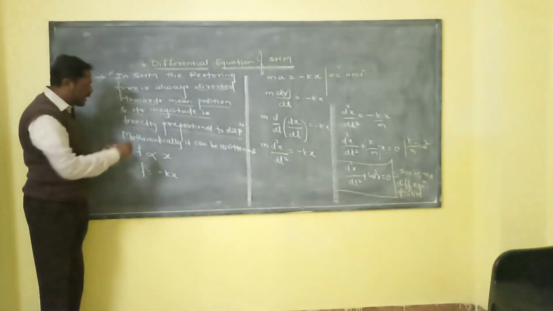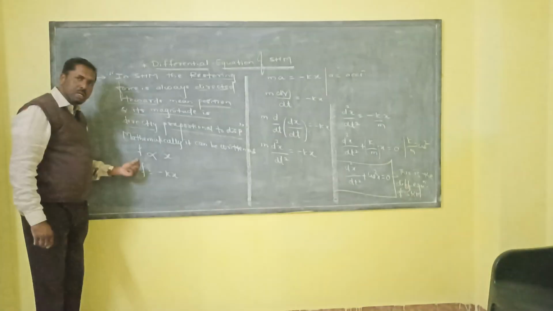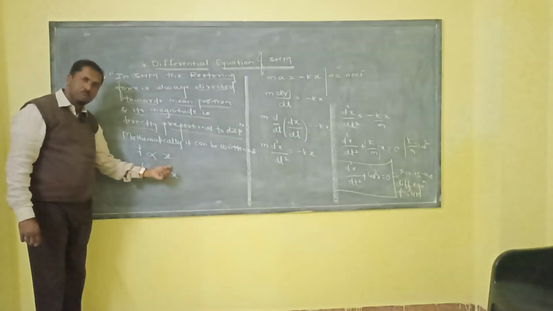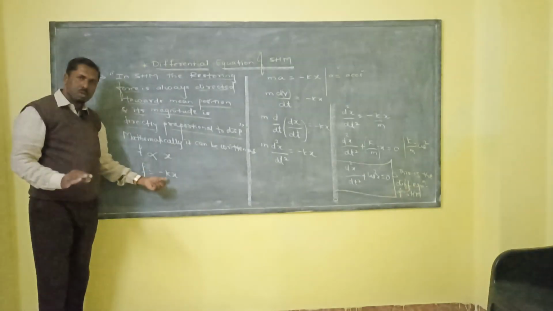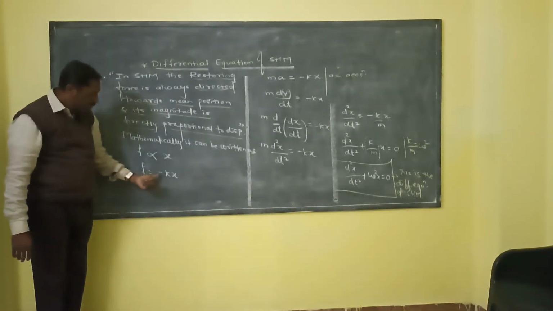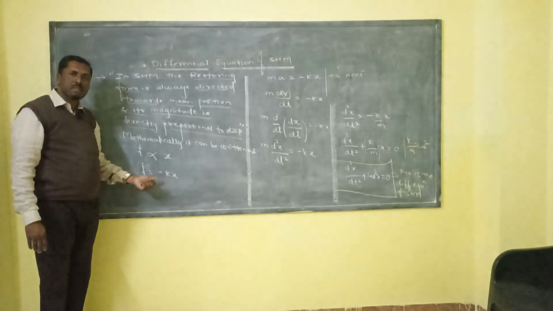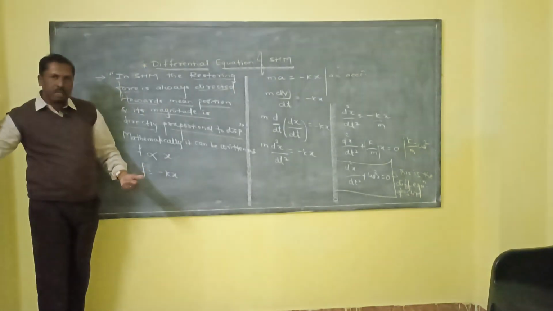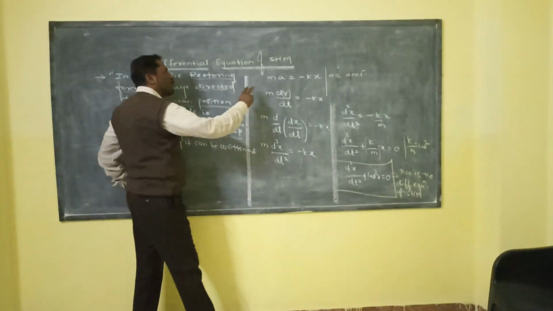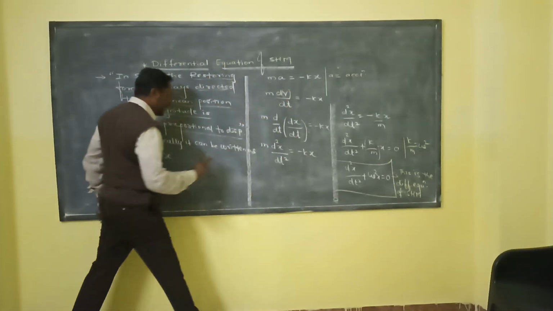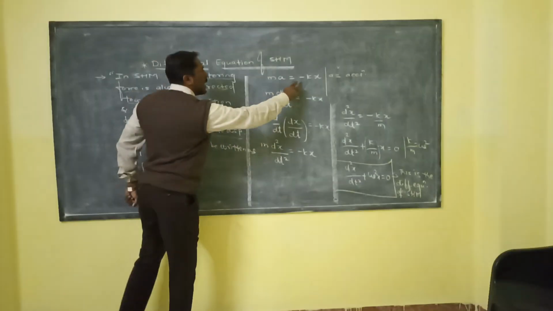Mathematically, the restoring force is directly proportional to displacement, so F is equal to minus kx, where k is the constant of proportionality. The negative sign indicates that the force is always acting in the opposite direction. Force is nothing but mass into acceleration, so ma is equal to minus kx.